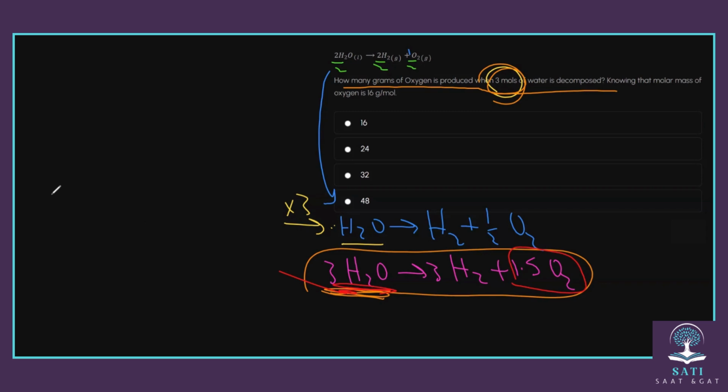Now, can we change this 1.5 moles of oxygen into mass? If you remember, number of moles equals mass over molar mass.